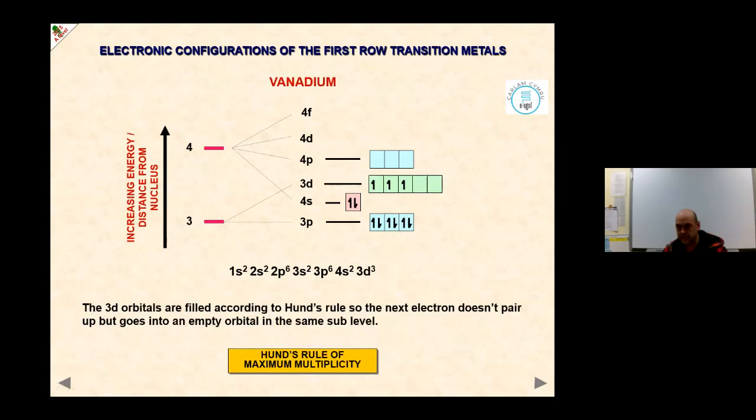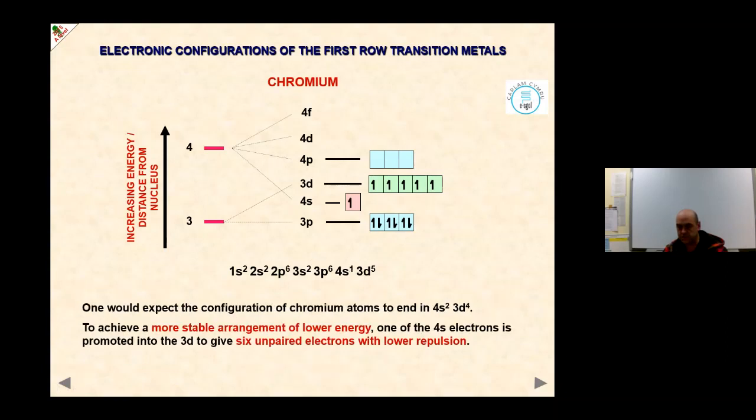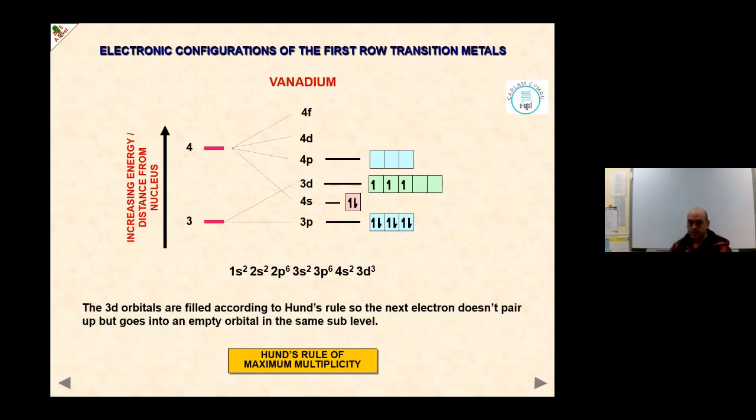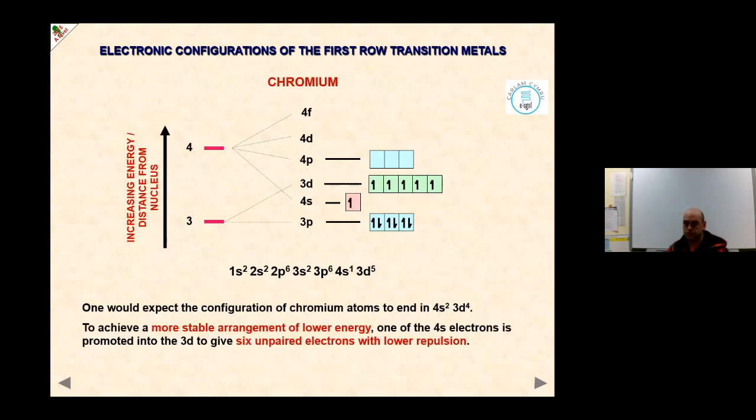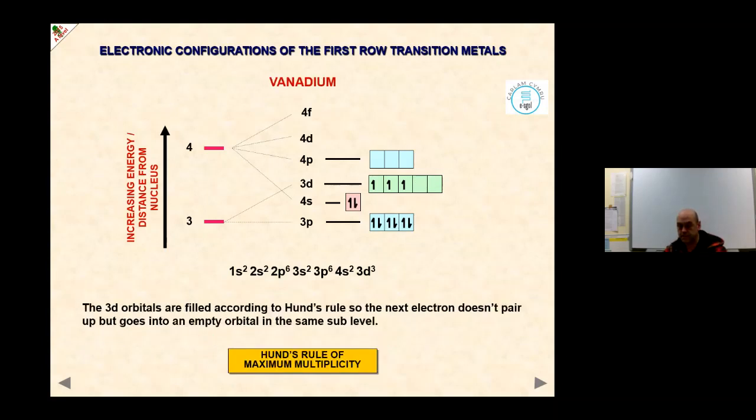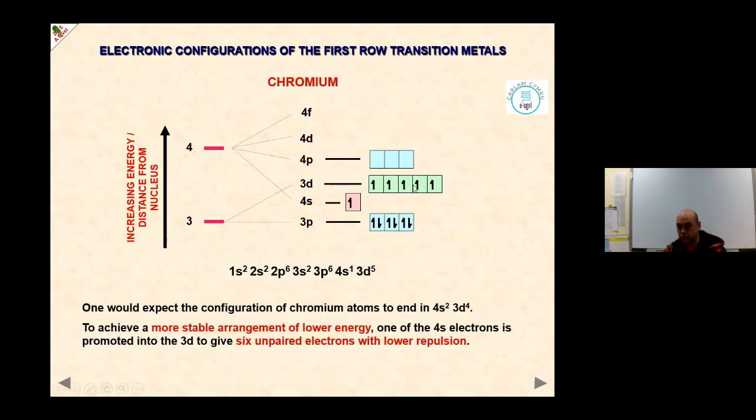Okay, and you can see here we've got vanadium, and then suddenly we go from vanadium with its 23 electrons, we come to chromium with its 24, and hopefully you recognise that's a bit unusual. Vanadium, the extra electron, you'd expect to be another electron in this orbital here, but we actually see all the orbitals are full.